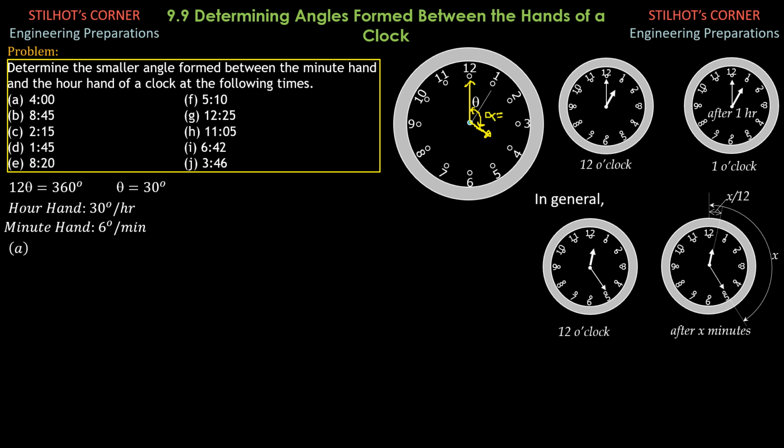And since there are 4 equal graduations and each graduation is 30 degrees, the smaller angle formed between the minute hand and the hour hand is 4 times 30 degrees, and that is equal to 120 degrees. So for part A, the answer is 120 degrees. So alpha, the smaller angle between the hands of the clock, is 120 degrees.